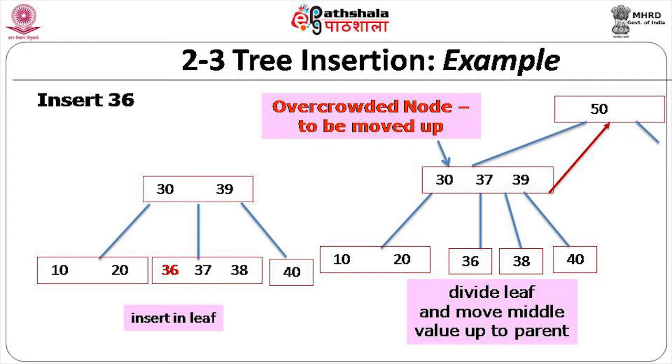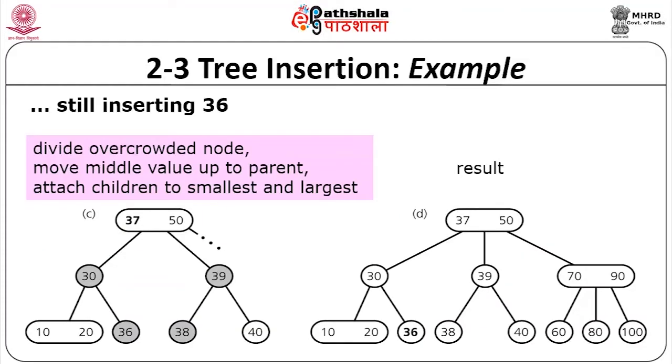So, you have to divide that leaf and move the middle value up to the parent. So, that is what we have to do, it is overcrowded there. Okay. So, now you are still inserting 36. When you insert 36, divide the overcrowded node and move the middle value to the parent and attach the children to the smallest and the largest. So, the result will be as shown there.